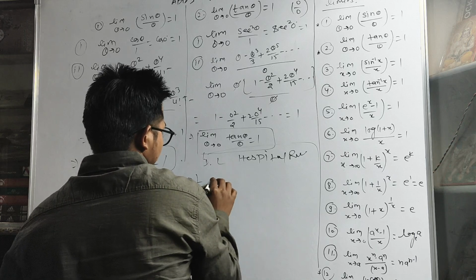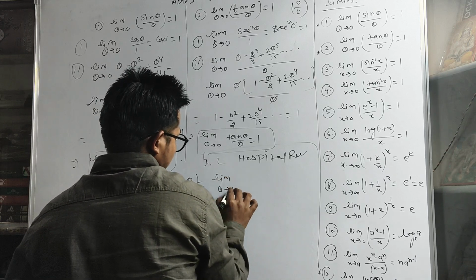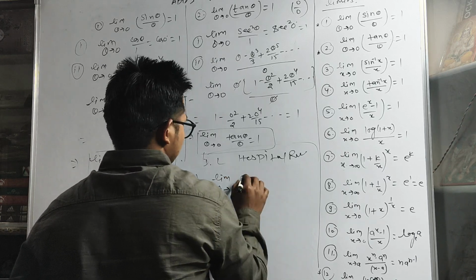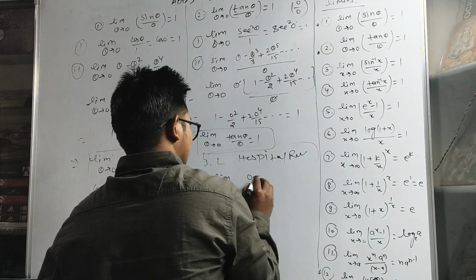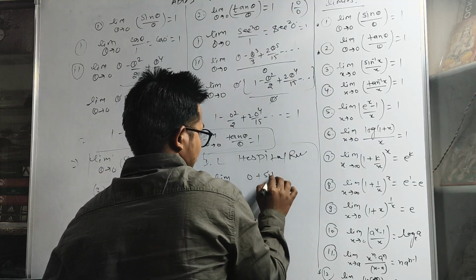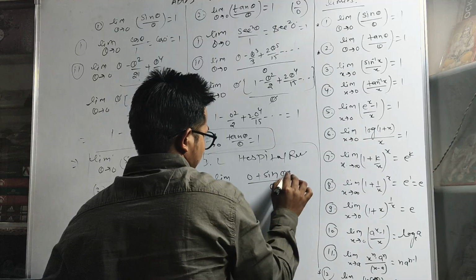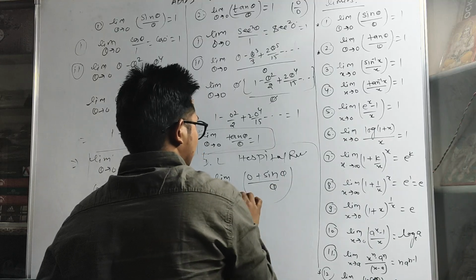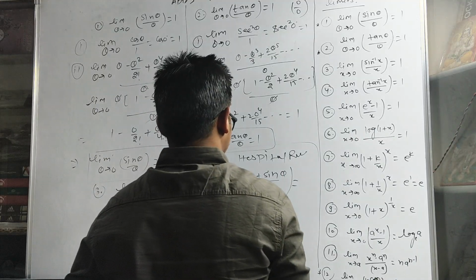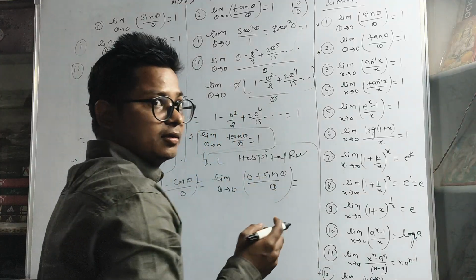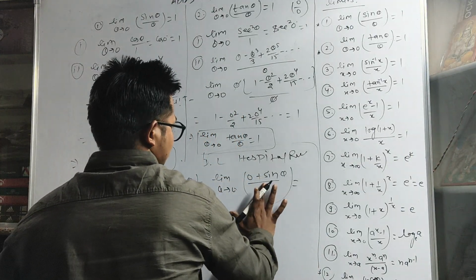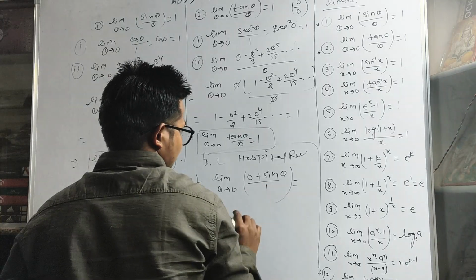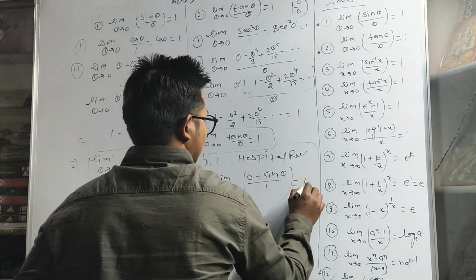Differentiation of numerator: differentiation of 1 is 0 and differentiation of cos is minus sin, then this sign will become plus sign, sin theta upon 1. On taking limit we simply put the value, and this term will become 0.